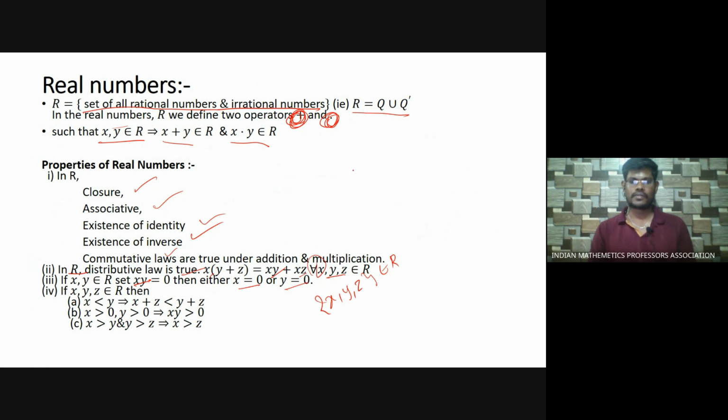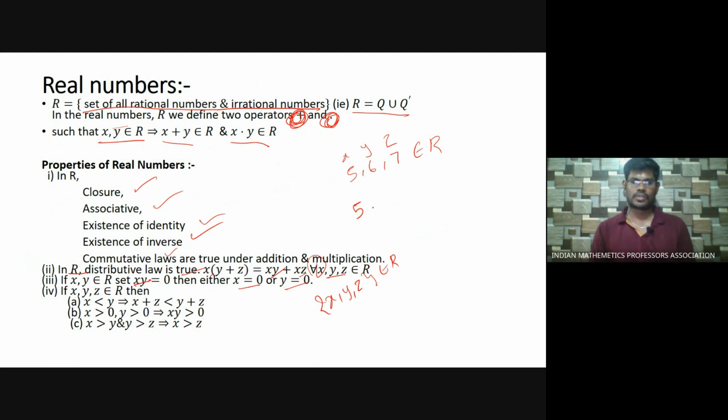Okay, so we can take 5, 6, 7 belonging to R. Suppose this is x, this is y, and this is z.